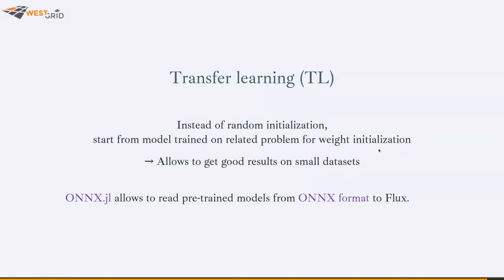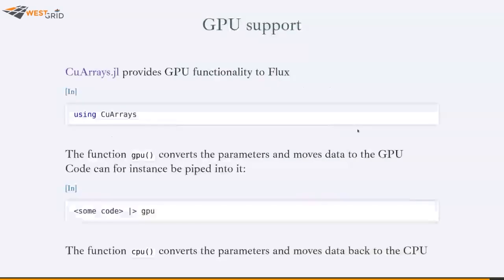So you can find pre-trained models for image recognition or whatever and directly bring them into Flux so that you can cut a huge amount of computing time by using better starting values than those random weights and biases.